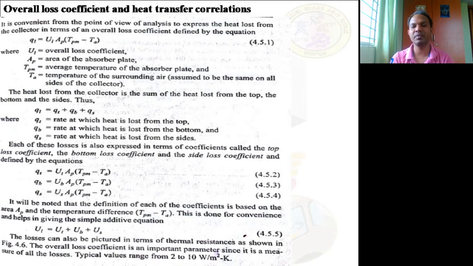Now, my dear friends, if you can see this, mechanical engineering students can understand this better. It is one concept which we discuss in heat transfer. Fourier's law gives us the mode of heat conduction, whereas Newton's law gives us the mode of heat transfer by convection.